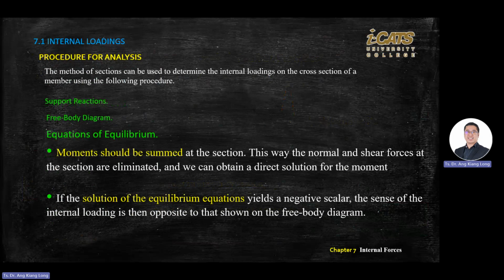Let's say you get moment at A equal to negative 10 Newton meter. For marking, you need to write the conclusion: moment at A equal to 10 Newton meter, and state the correct direction. Or if you're lazy to write, for example, if this one in your diagram is anti-clockwise, here you draw clockwise positive.